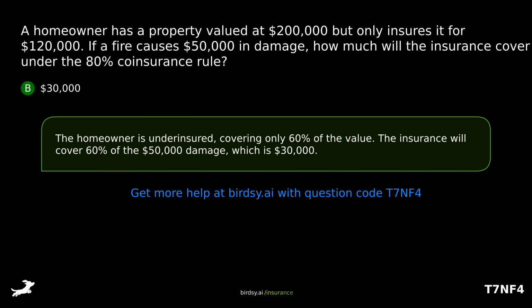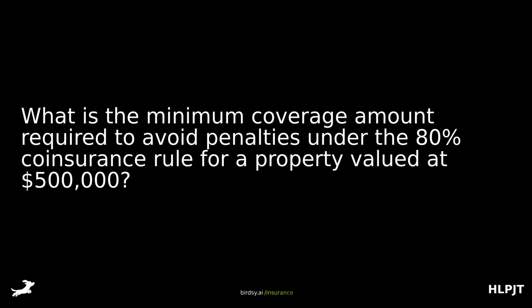The homeowner is underinsured, covering only 60% of the value. The insurance will cover 60% of the $50,000 damage, which is $30,000. What is the minimum coverage amount required to avoid penalties under the 80% coinsurance rule for a property valued at $500,000?